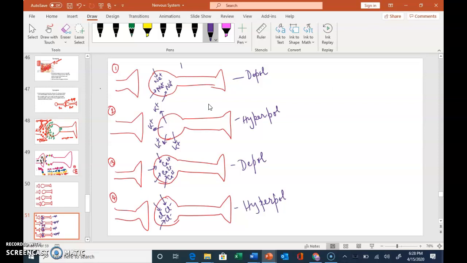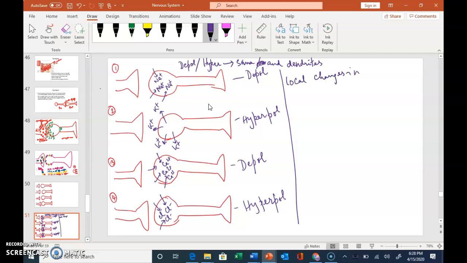So I want you to understand this depolarization or hyperpolarization can occur in the soma or soma and dendrites. And all these are local changes in membrane potential.